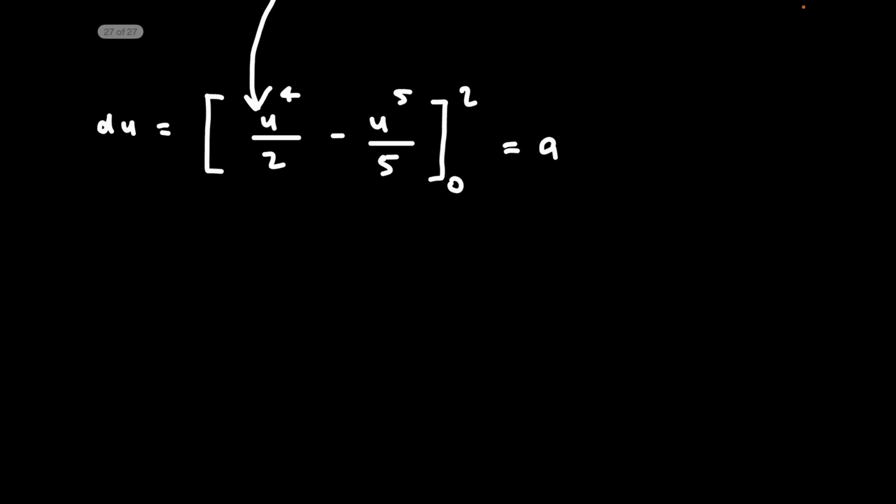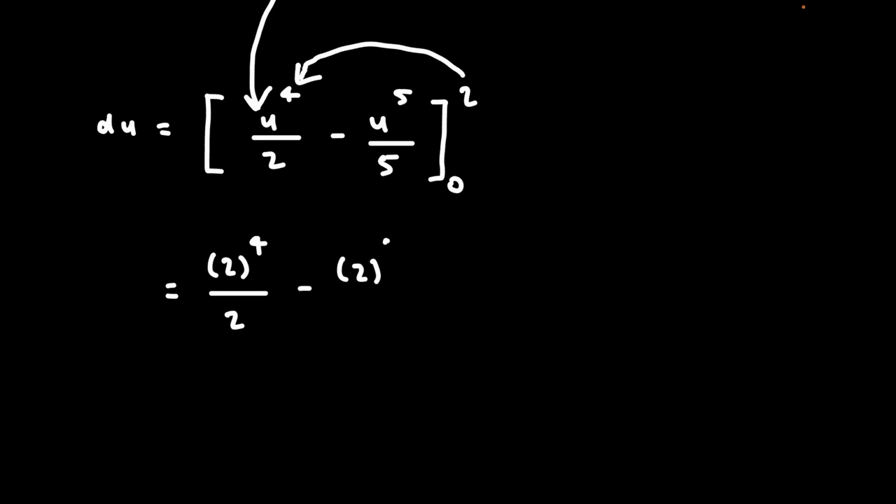So what will I have as my number? To work out the definite integral, we substitute the top number into this equation first. So in this case, it's 2 to the power of 4 divided by 2 minus 2 to the power of 5 divided by 5. And then we minus away the substitution of 0, the bottom number, into this equation.